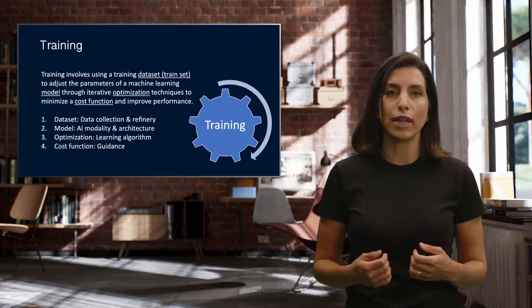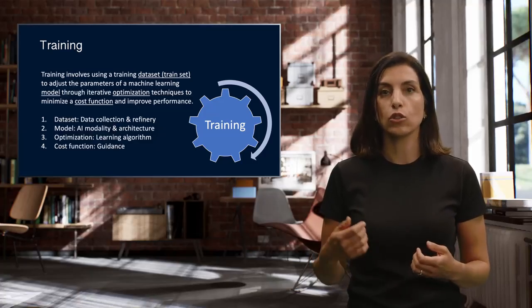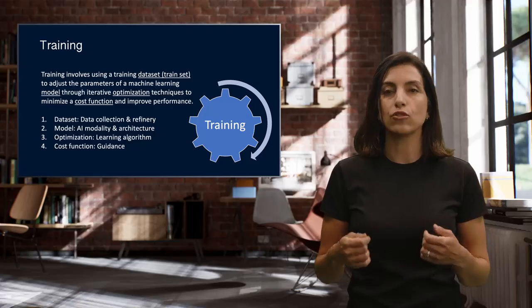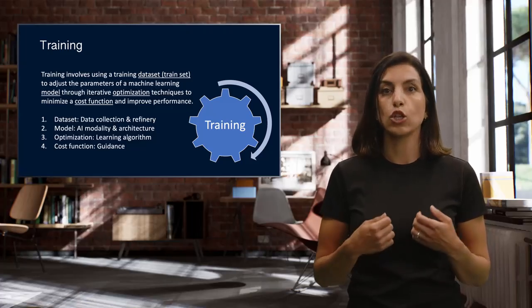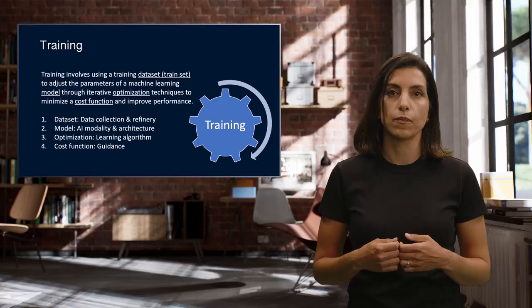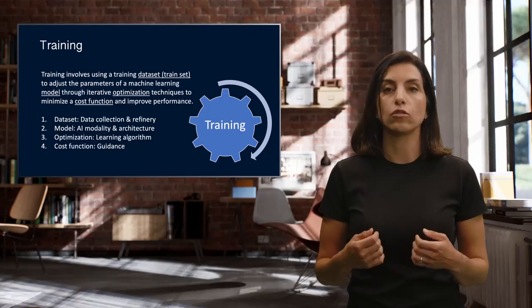But what is training? Training involves using the train set to adjust the parameters of the machine learning model through iterative optimization techniques to minimize a loss function and improve performance. There are a few important concepts that are underlined here.